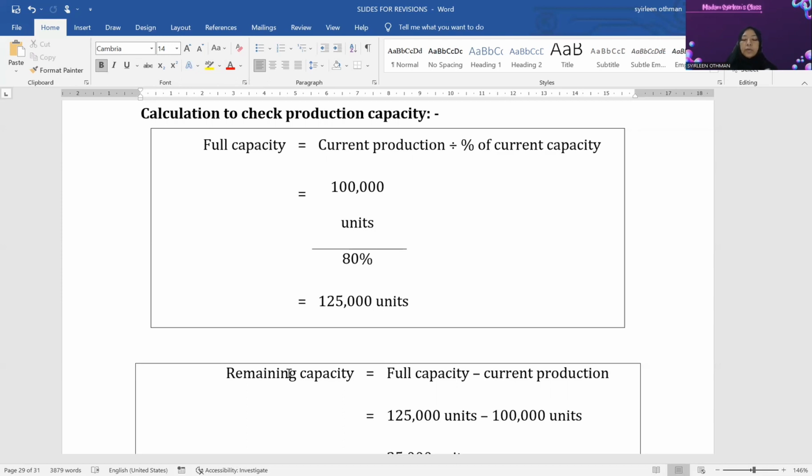And suddenly one of the machine dekat company dia rosak, so he want to proceed with the production, tapi dia tak boleh manage dah sebab machine dia dah rosak. So dia tahu kita belum beroperasi pada full capacity, so dia make a special order untuk tumpang machine kita to produce the remaining komponen yang masih belum siap tu.